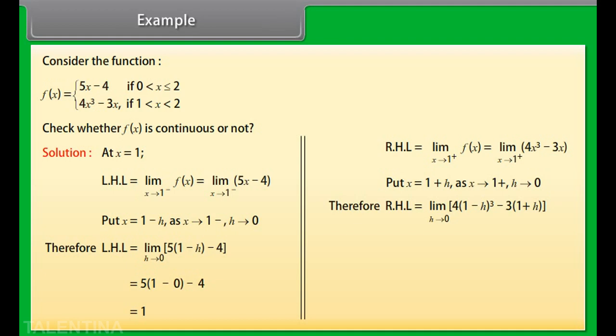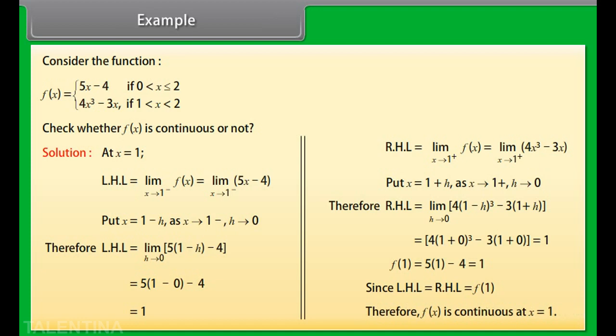Therefore, right-hand limit is equal to limit h approaches 0 of 4 into 1 plus h cube minus 3 into 1 plus h, which is equal to 4 into 1 plus 0 cube minus 3 into 1 plus 0, which is equal to 1. f of 1 is equal to 5 into 1 minus 4, which is equal to 1. Since left-hand limit is equal to right-hand limit is equal to f of 1, therefore f of x is continuous at x equal to 1.